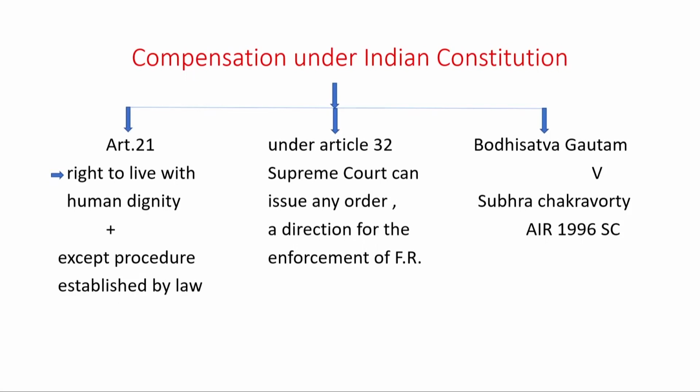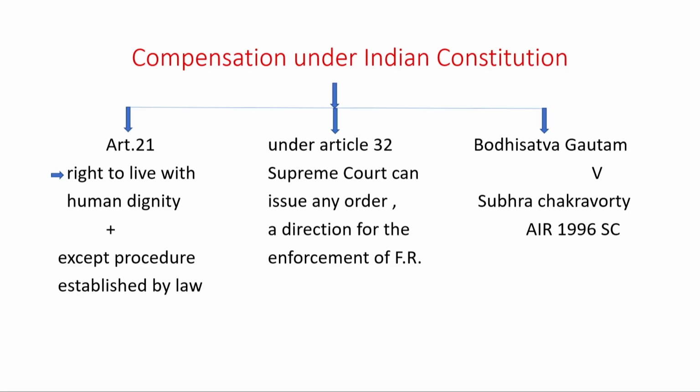In that case, the state will have to provide compensation to the victim of crime. So, with the help of this judicial pronouncement, you can justify and refer to this case in favor of your argument.